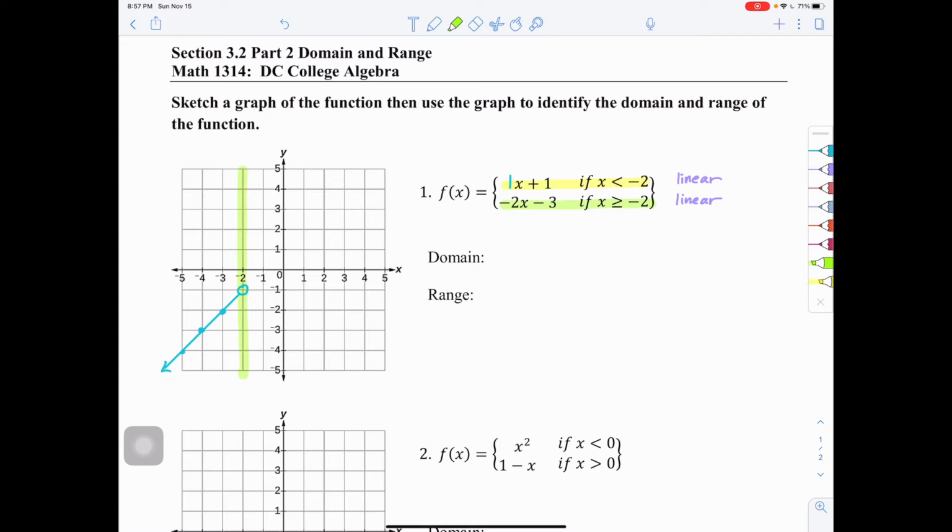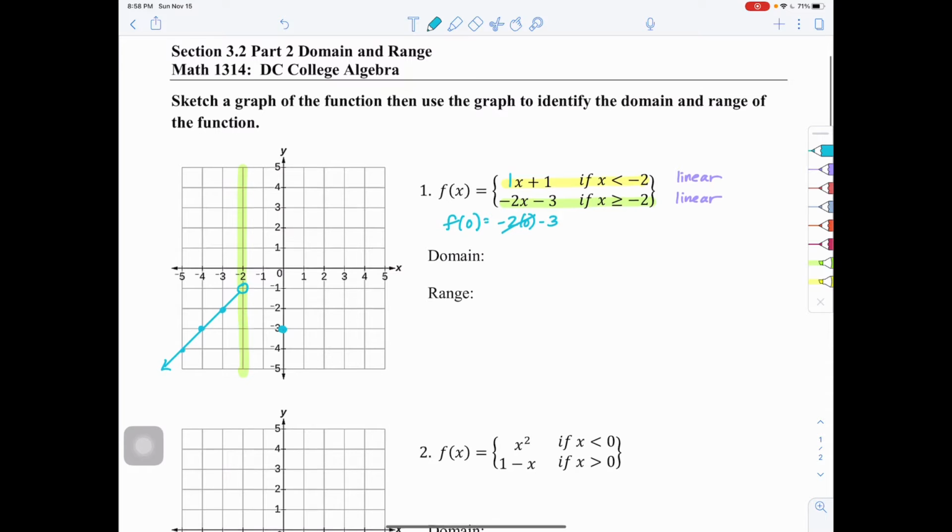Now let's look at this next function. When x is 0, so if you would look at f of 0, we're going to have -2 times 0 minus 3, so the y value is -3. So here we have a y value of -3 when x is 0.